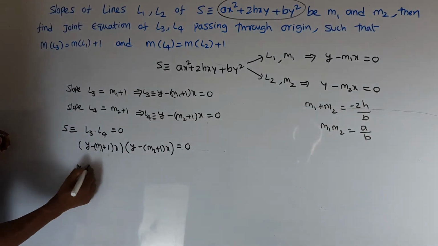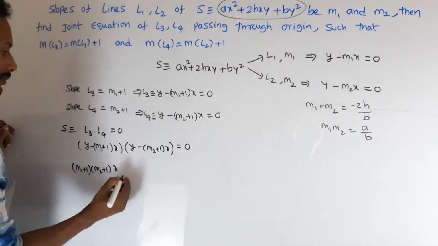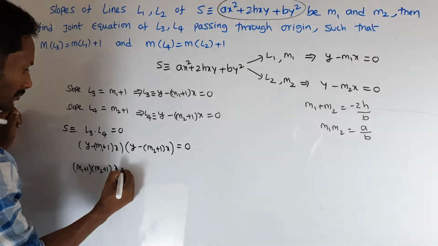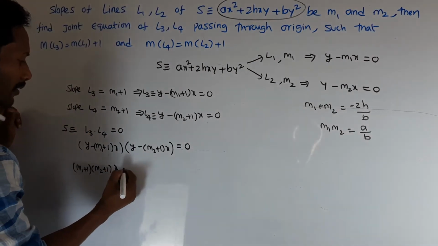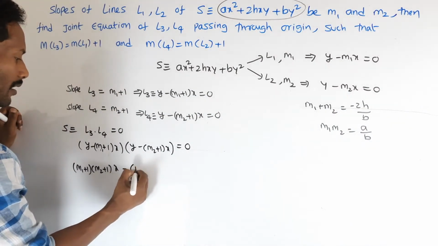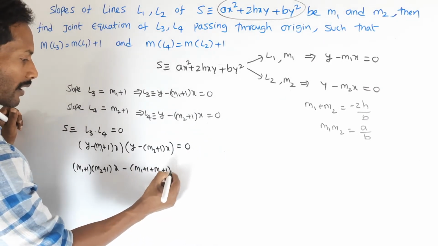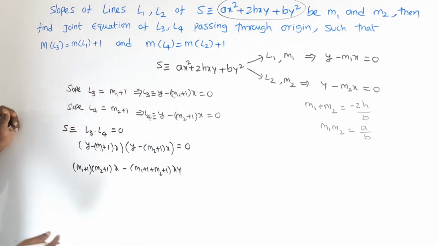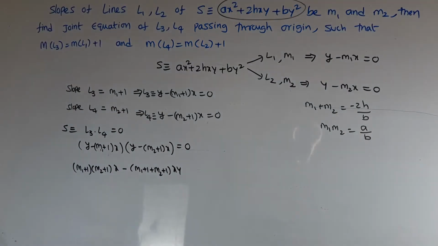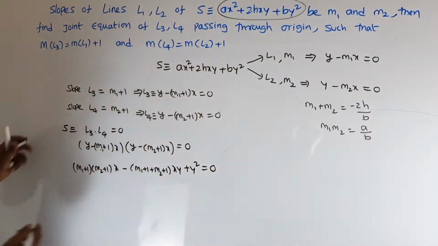Now (m1 plus 1) into (m2 plus 1) into x square, minus of (m1 plus 1 plus m2 plus 1) into xy, plus y square equal to 0.